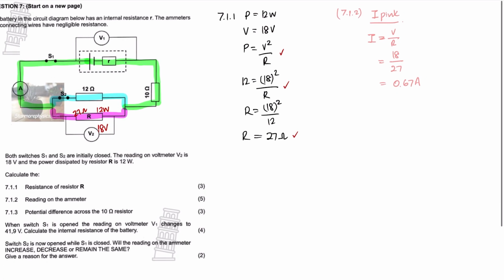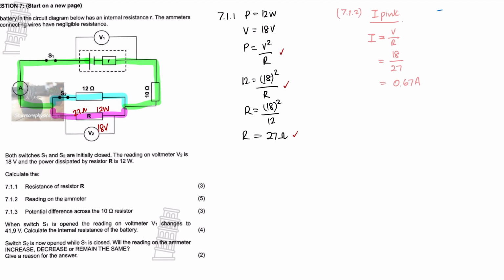Okay, then we work out the current in the blue branch. I is equal to V over R. Now remember, because the resistor in the blue branch and the resistor in the pink branch are connected in parallel, the voltage across them is going to be the same. So the voltage is 18, the resistance is 12. 18 divided by 12 is 1.5.